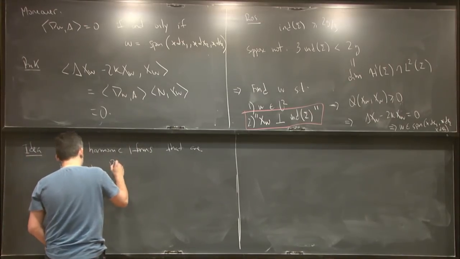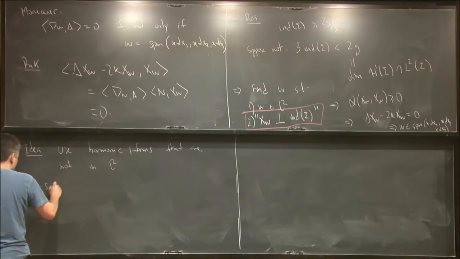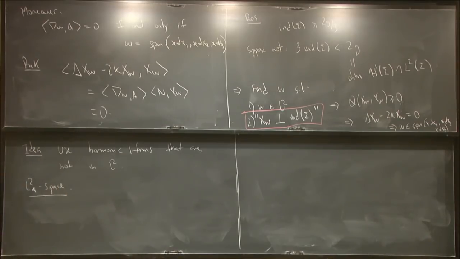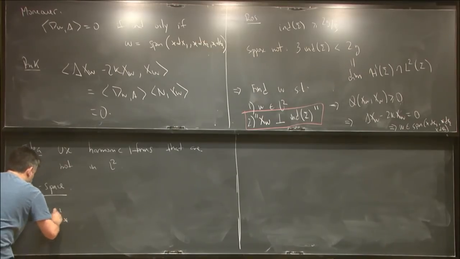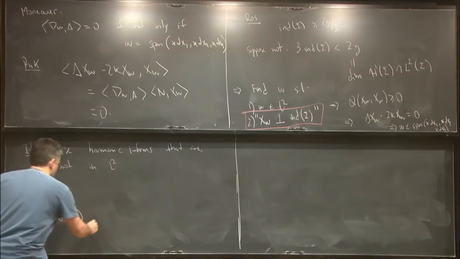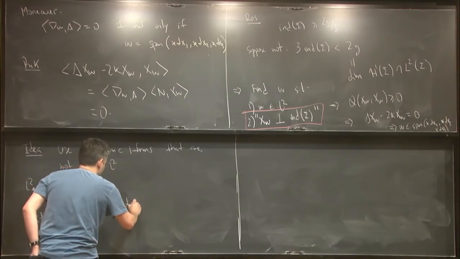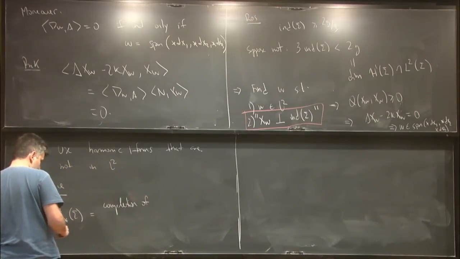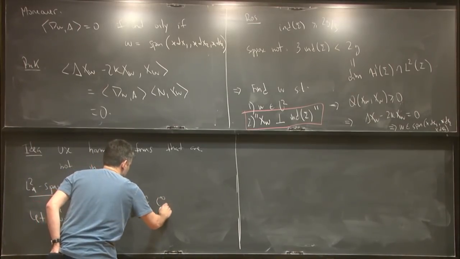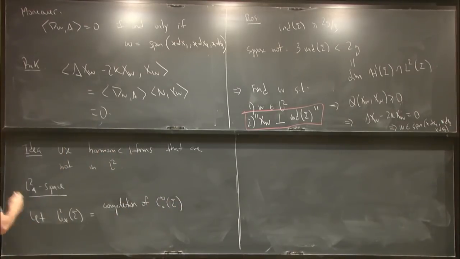Okay, so what we're going to do is define this space L2 star. Let L2 star of sigma be the completion of the space of smooth functions with compact support, right? That's usually how we define the spaces.